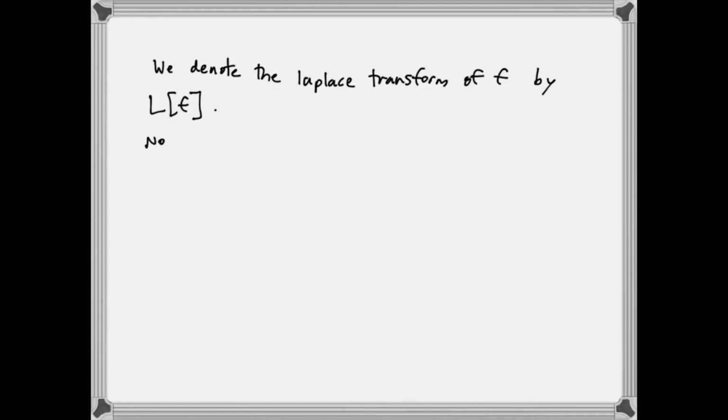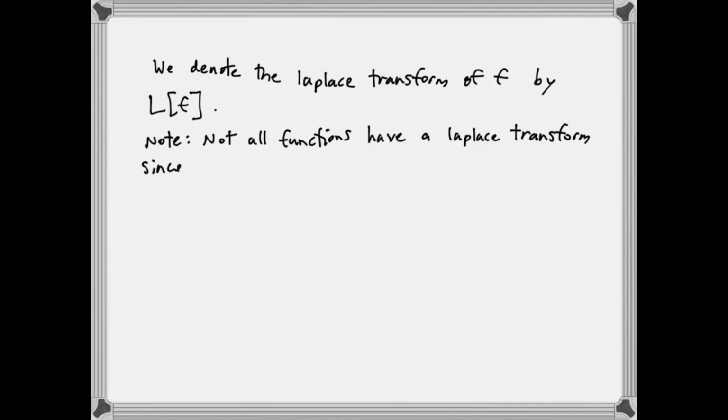Note, this is important, not all functions have a Laplace transform, since the limit in the definition must converge. So you have to first check to see where it converges.